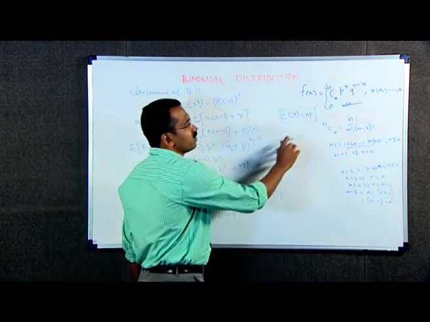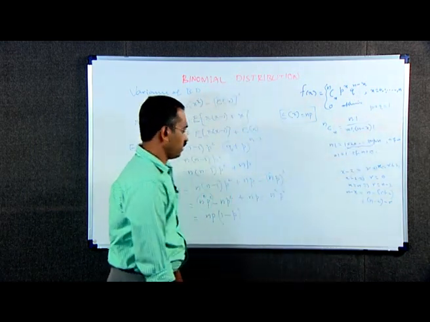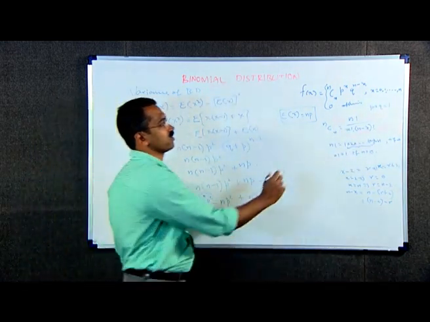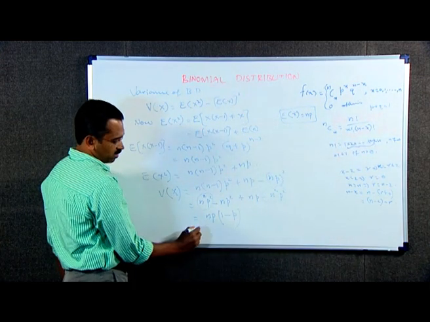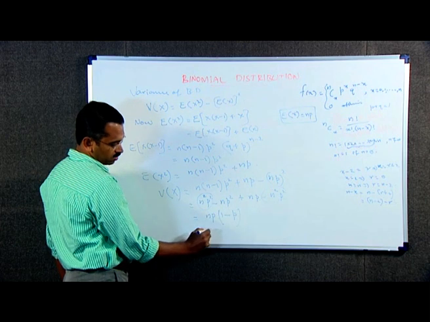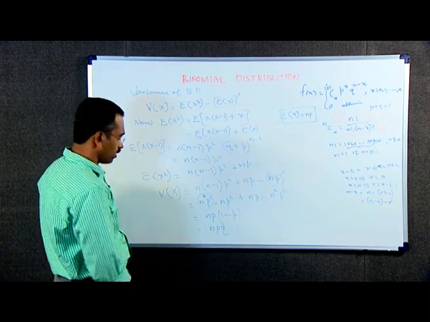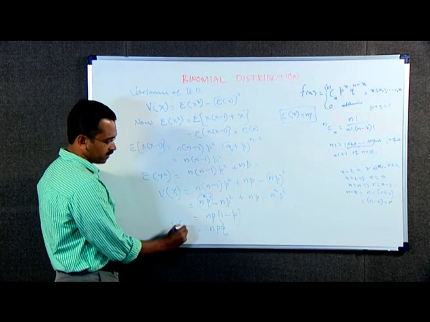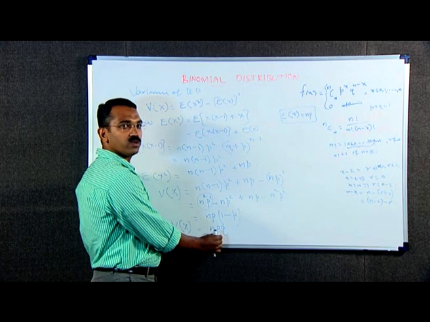For the binomial distribution, we have p plus q equal to 1. That means 1 minus p equal to q. We substitute here, that is np into q. That is, the variance of a binomial distribution is n into p into q.